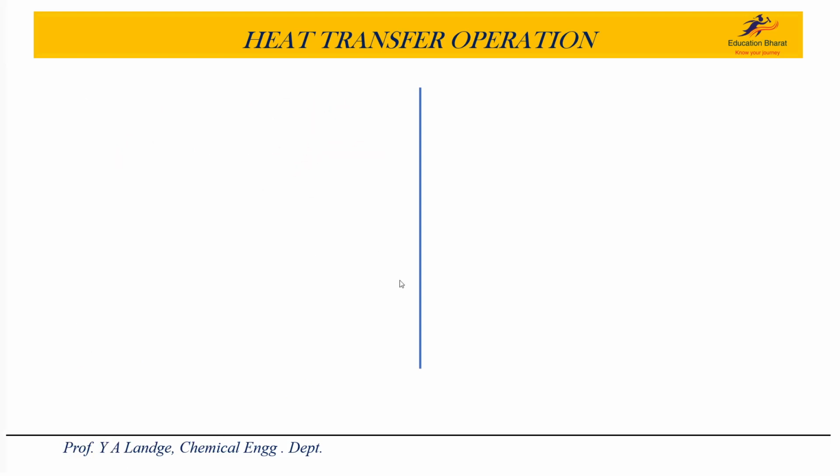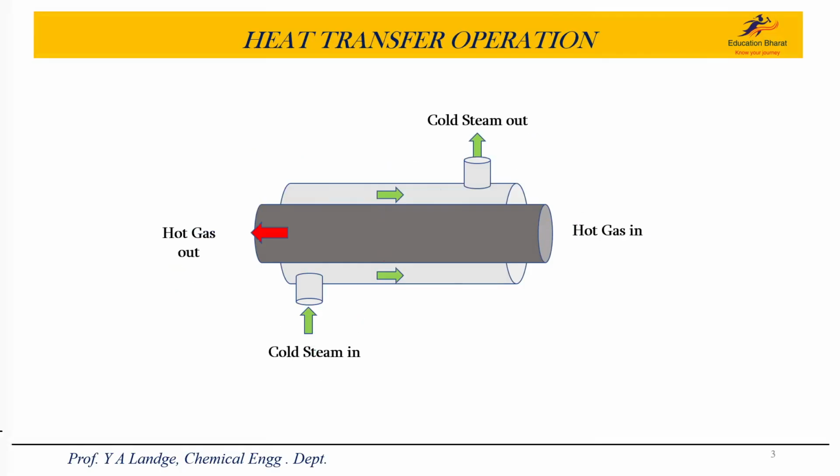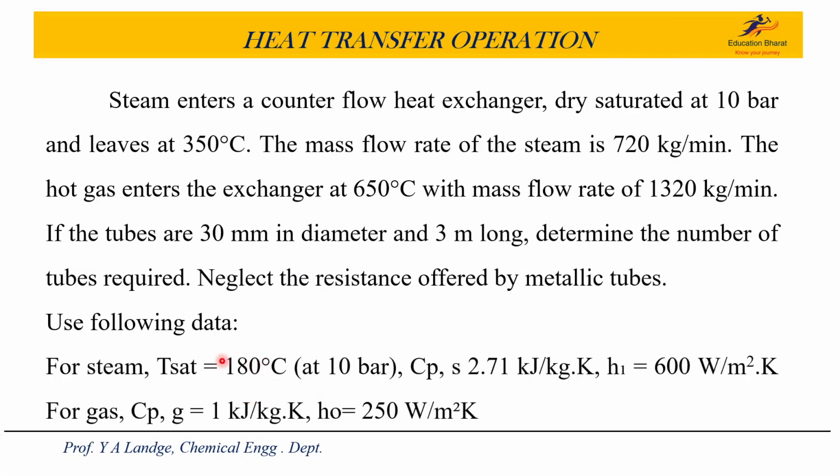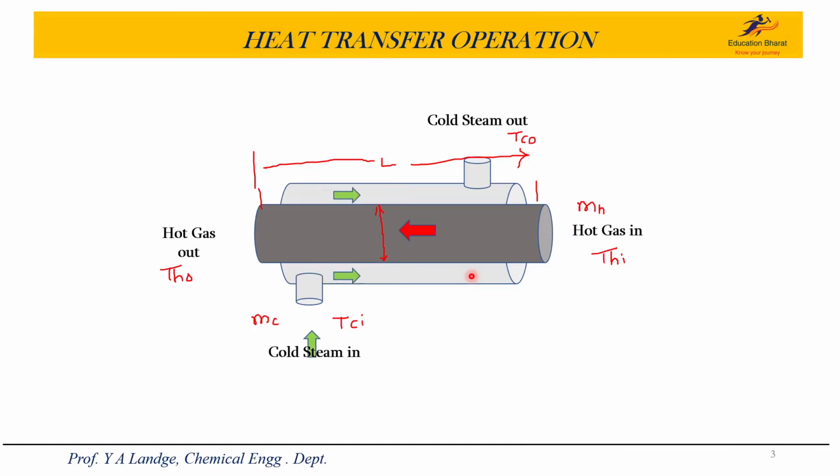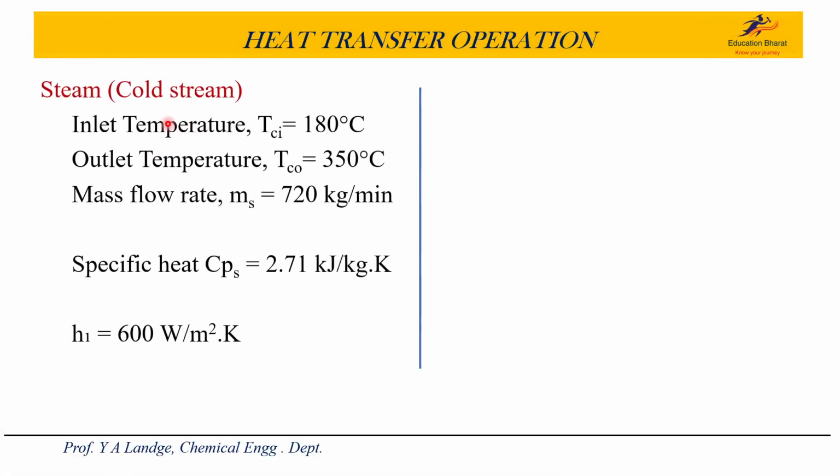The steam enters the counterflow heat exchanger at 10 bar, and at 10 bar the temperature of the steam is 180, which is why we take that as the inlet temperature, and it leaves at 350, which is the outlet temperature. Also, for the hot gas, we take 650 as the inlet temperature, and the outlet temperature is not mentioned.